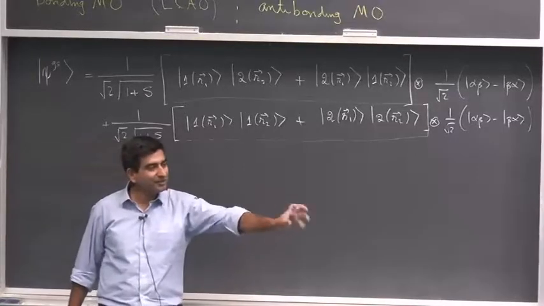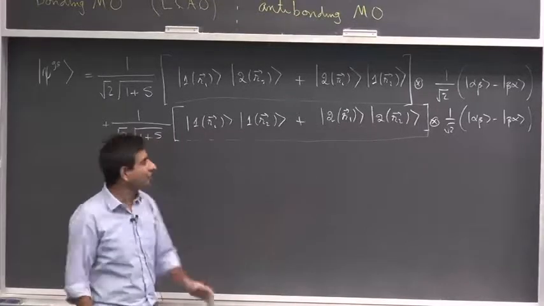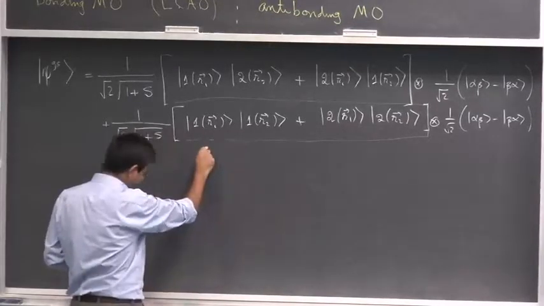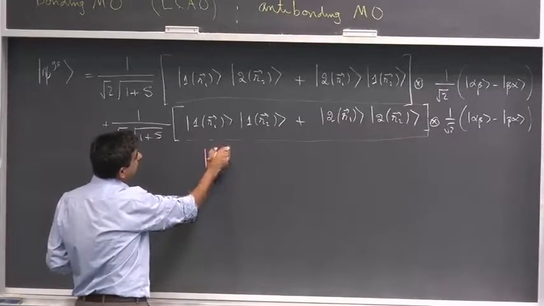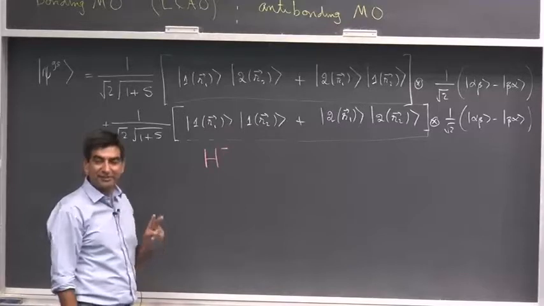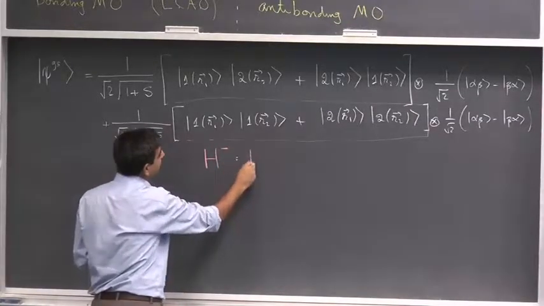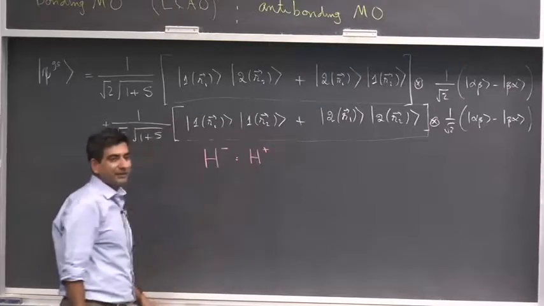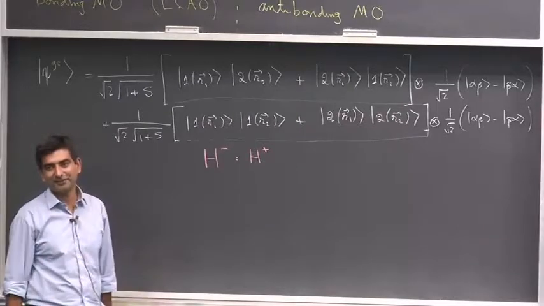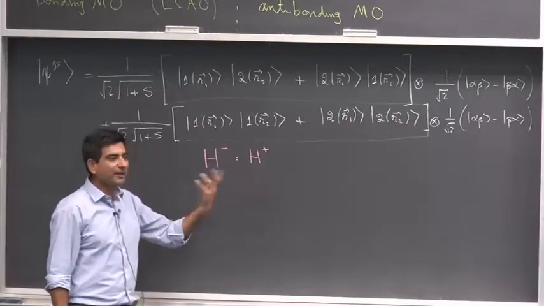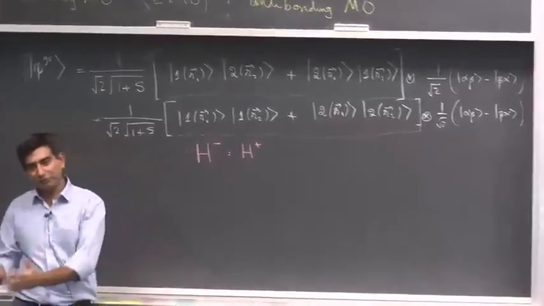So you have one bare proton and one nucleus that has two electrons. So this really means that you have a situation like this. You have one hydrogen ion which is negatively charged because it has two electrons. And this represents a proton, just a nucleus, without an electron close to it. So in bond language, this is called an ionic bond. Both of the electrons migrate to one nucleus.